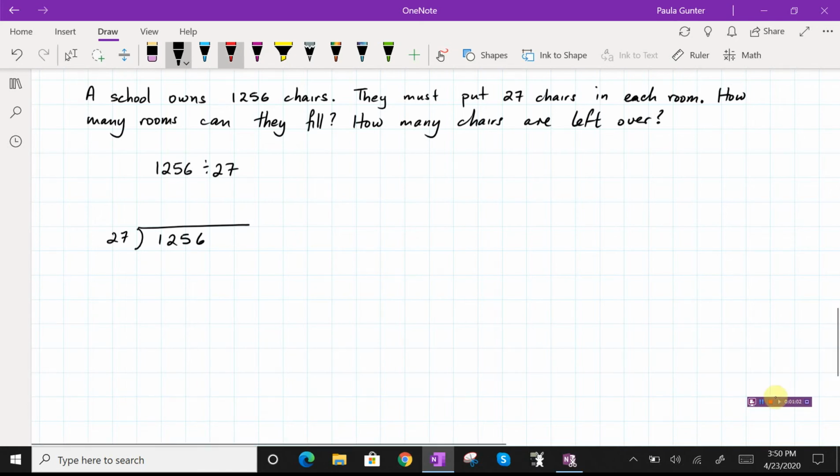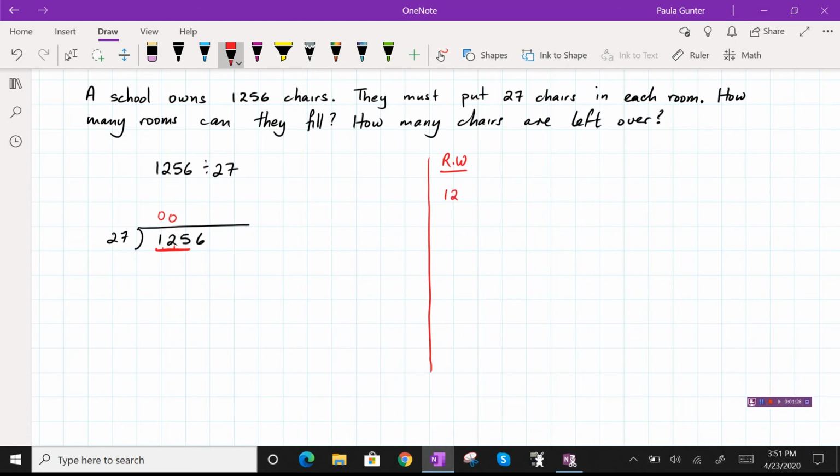Okay, so as we've done in the past, we know that 27 doesn't go into 1, it doesn't go into 12. The first number that we'll be able to divide by 27 is 125. So let's designate over here as our rough work area and see what we do.